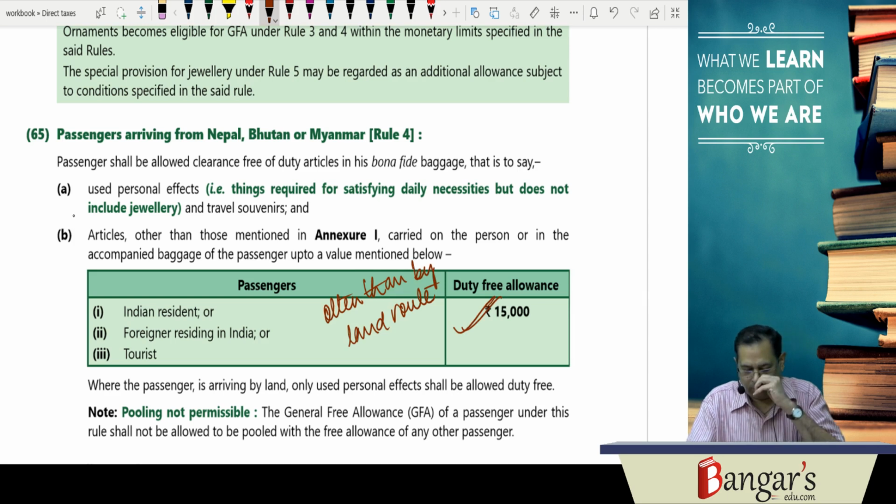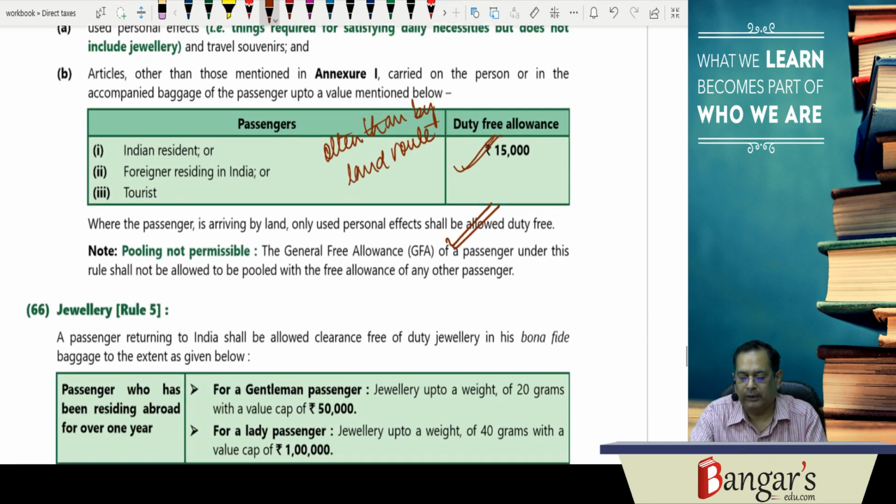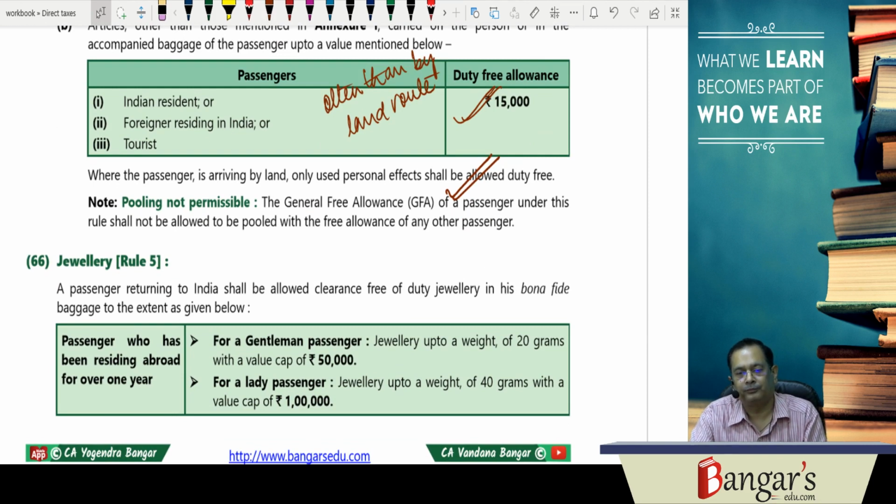15,000 rupees duty-free allowance will be there for Indian residents or foreigners residing in India and tourists. Whether it's an Indian tourist or foreign tourist, 15,000 allowance is there. Besides this, if they are returning by land route, they will be getting the duty-free allowance of what? Personal effects only.